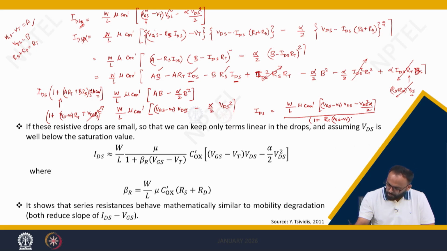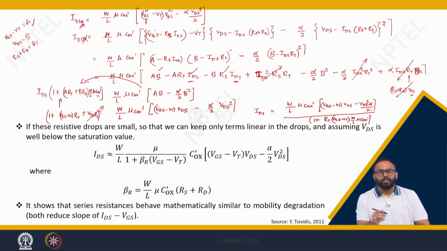So, here there will be a W by L into mu into COX dash term that will also come, because when you are putting it on the left hand side, the W by L into mu into COX dash term will come, right.